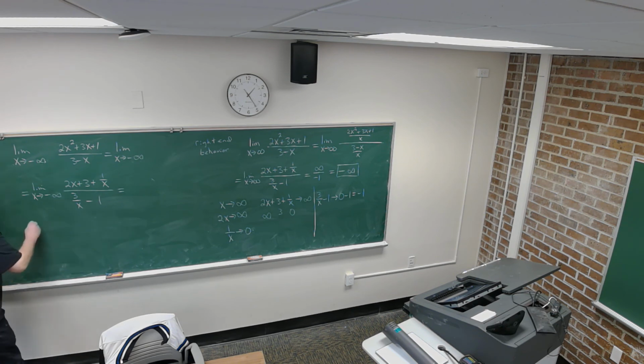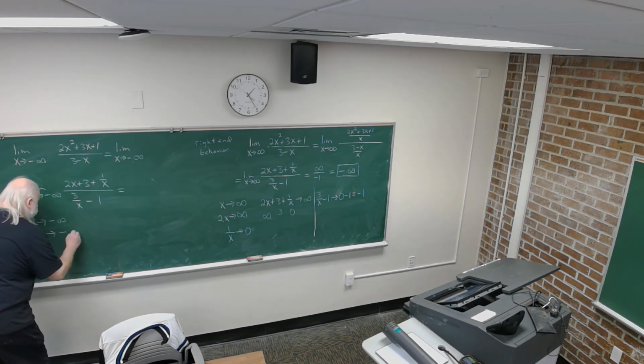Now, as x decreases without bound, 2x, what's 2x going to do? Yeah, it's going to decrease without bound too, right? Because 2 is positive, so if x is negative, positive times negative is negative. So if x decreases without bound, 2x is also going to decrease without bound.